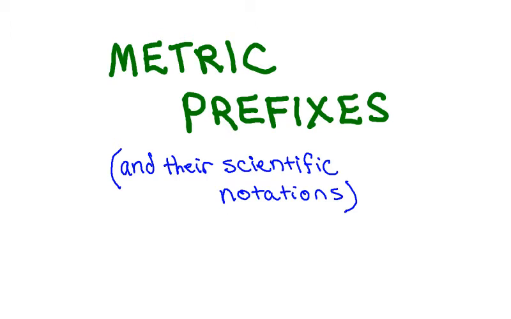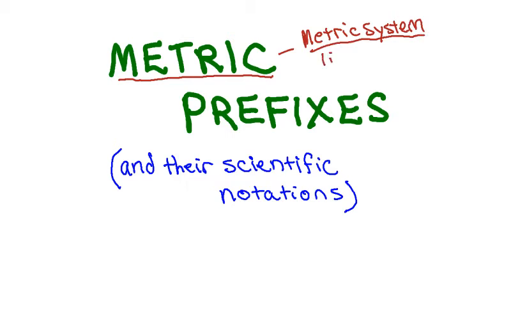So now we're going to talk about metric prefixes. Now, what do I mean by metric prefixes? Well, metric just refers to the metric system. And that means things like, instead of 1 inch, we have 2.54 centimeters.